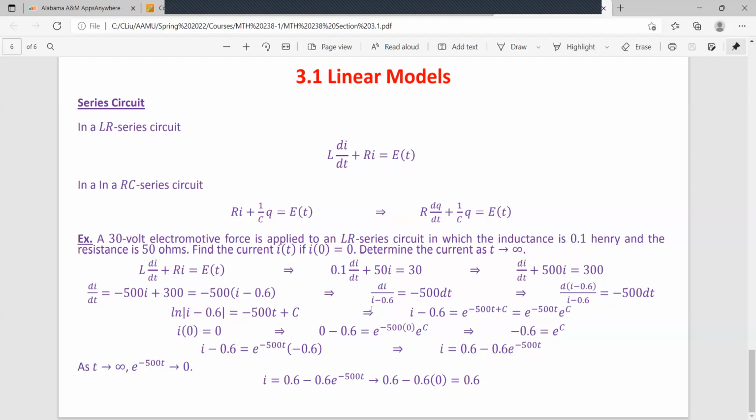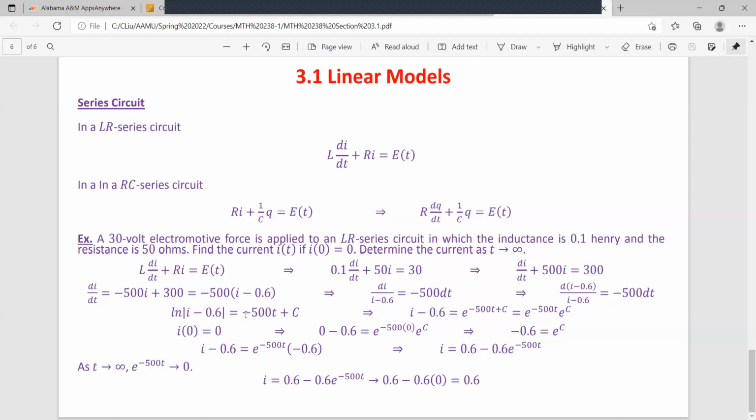So then we can divide by I minus 0.6 and multiply by dt to separate the variables. As always, you rewrite di over I minus 0.6 on the left-hand side. Okay, then you can integrate on both sides.